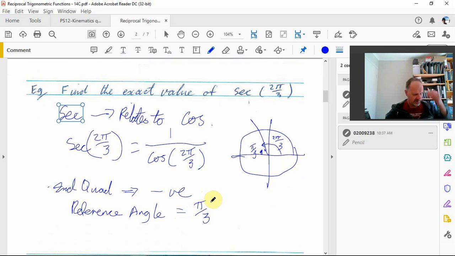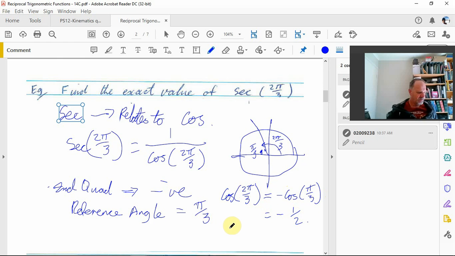Squeeze that in. Should have left myself a little bit more space anyway, not to worry. All right, so I'm referring here to just the cos part. So cos of 2 pi on 3 then, it's negative, and it's related to the cos of pi on 3. And when you look at your thing, you find that the cos of pi on 3 is a half.